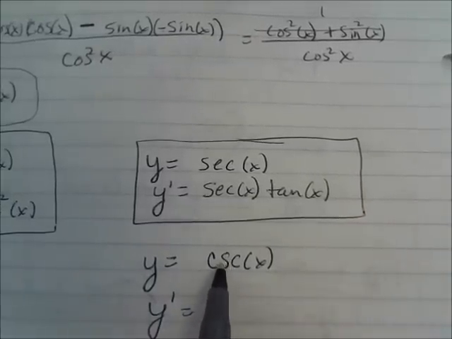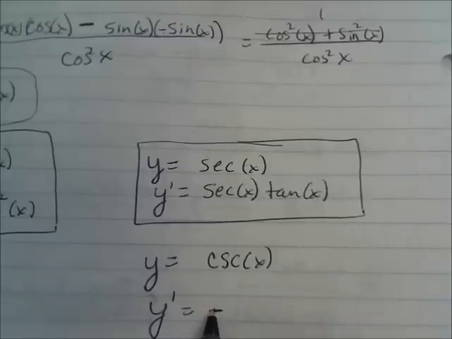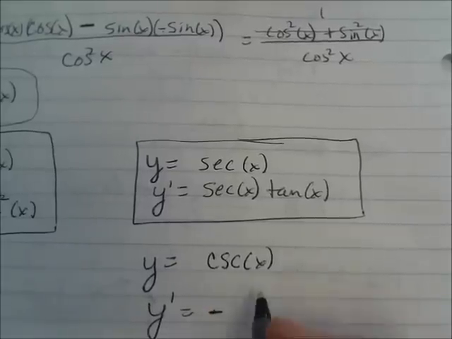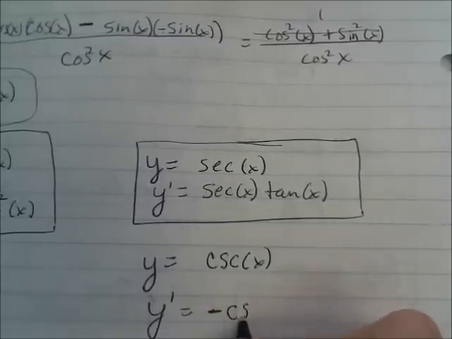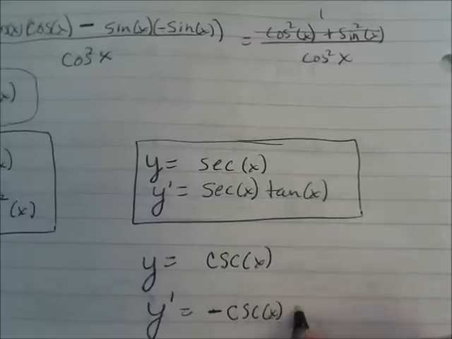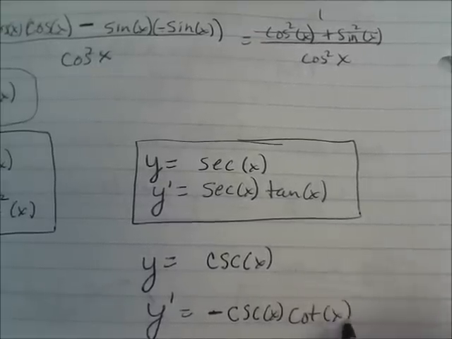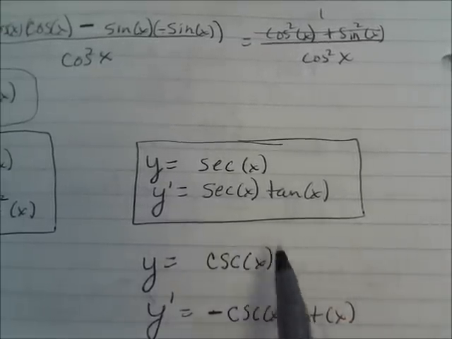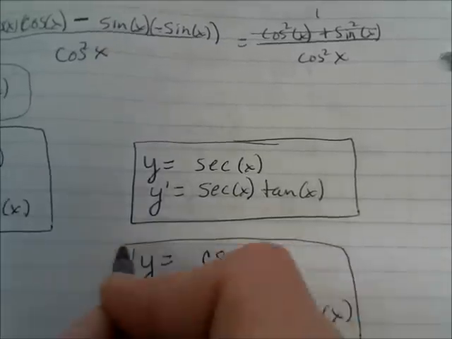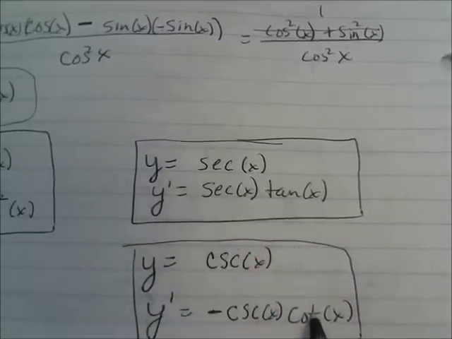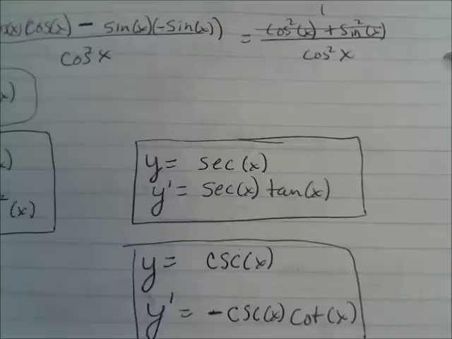Any trig function that starts with a c has a negative derivative. That's just a trick to remember this. It's negative cosecant of x, cotangent of x. So the secant and the cosecant's derivatives are very similar. The only difference is you start with a co on these, and these are just secant and cosecant.